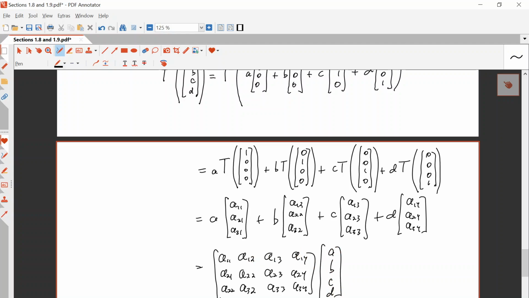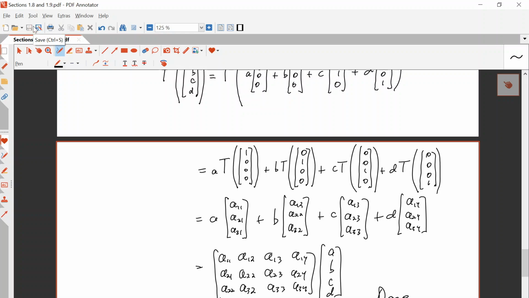How does this multiplication go? You take row 1 and multiply by the column. So it's a times a11, b times a12, c times a13, d times a14. And that's what you get when you add that together. That's exactly how we define the multiplication of a matrix by a vector. Pretty clever. So that's the end of the proof.